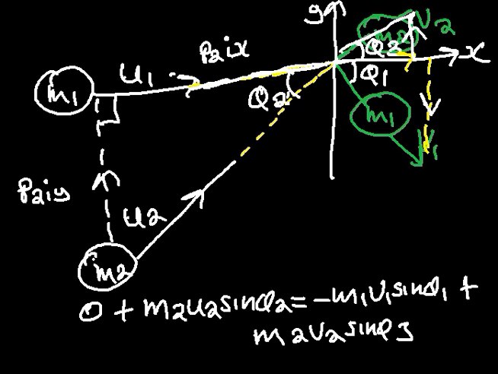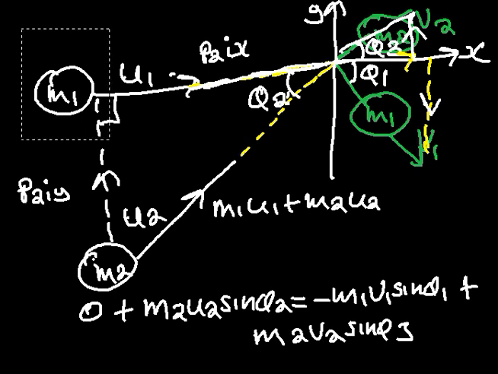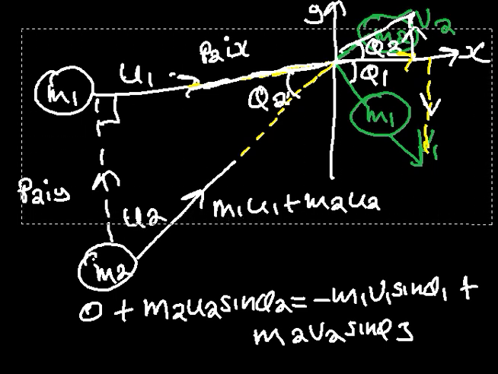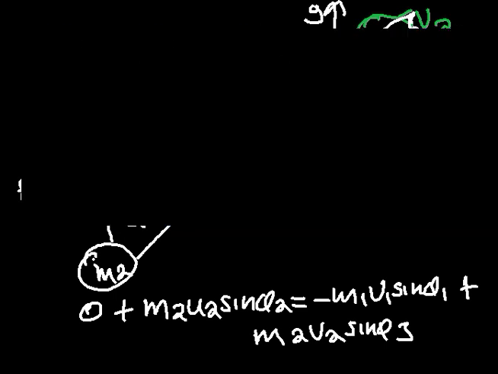In this case, along the x-axis we had m1 u1 plus m2 u2. Let me have it proper here. Now I can remove all this.